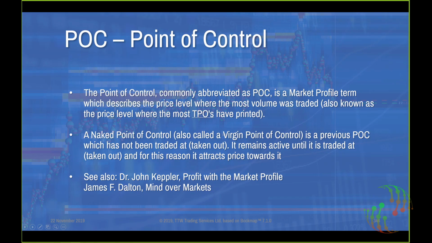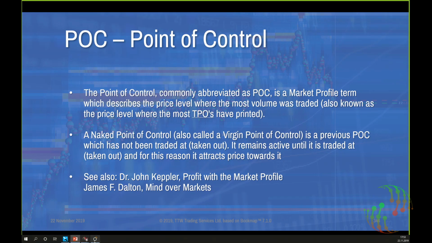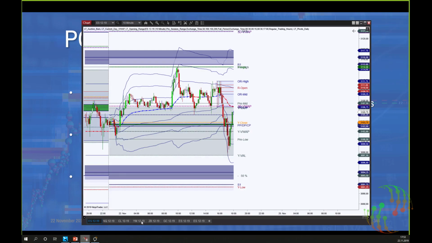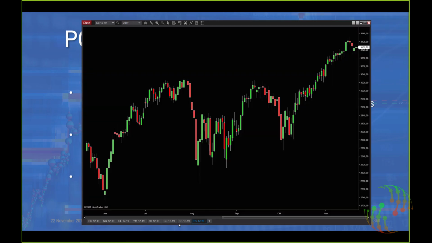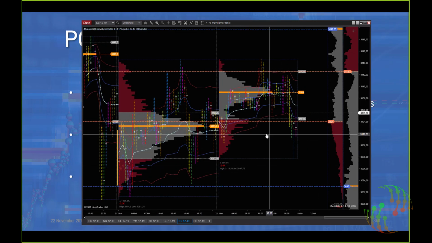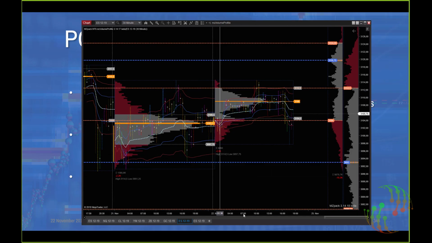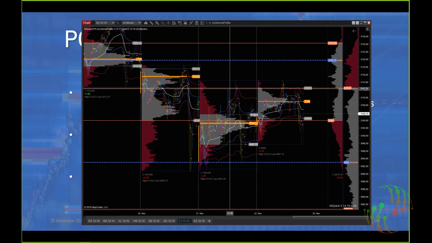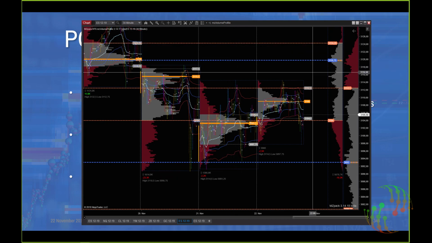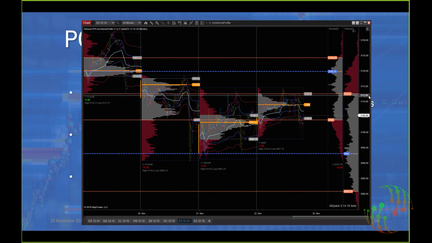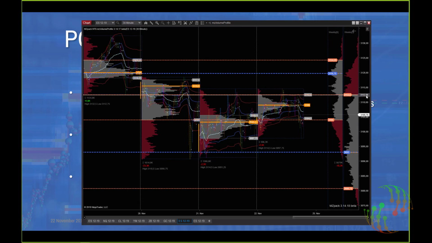If you have a chart like this one, then you for sure know where the volume profile is located, the naked POCs, the last POCs and the past POCs, the naked, the virgin, whatever you want, you can get it on your chart.